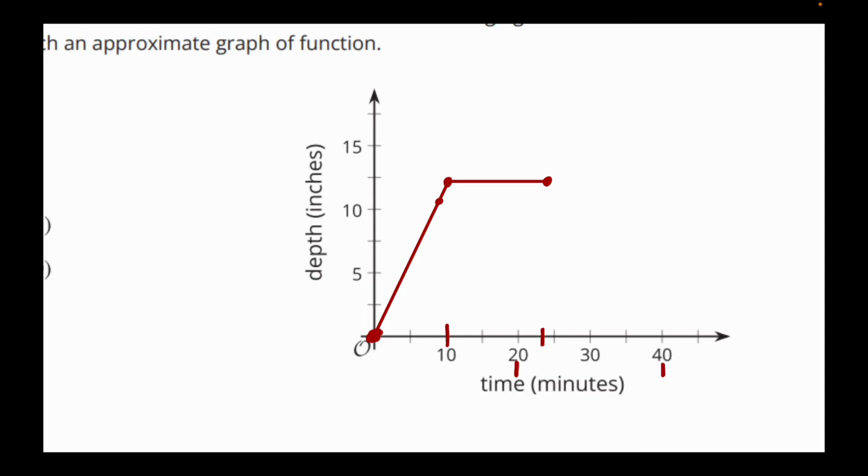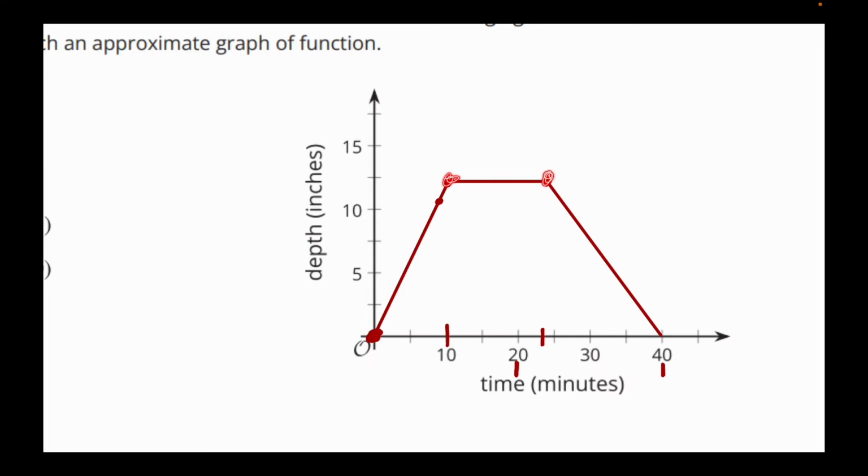And the level of water at 20 minutes is supposed to be greater than the level of water at 40 minutes. So from here, I could just say that maybe he's just emptying his tub, and it looks like this. And that does satisfy all of my conditions because the level of water at 20 minutes is here, and at 40 minutes it's here. So 40 minutes is less water.